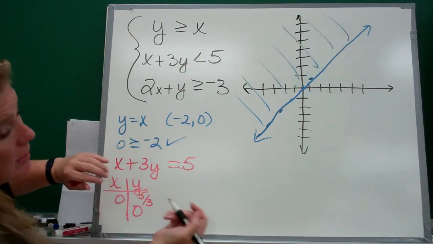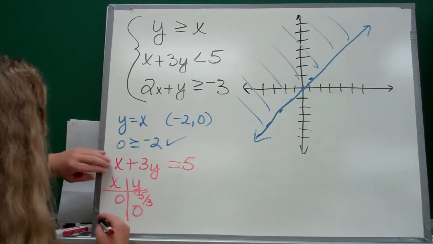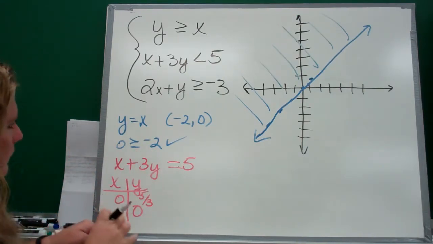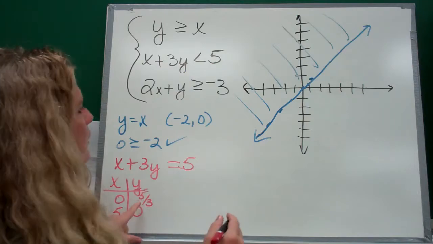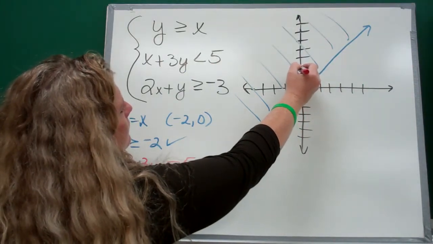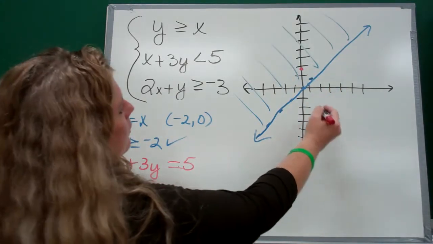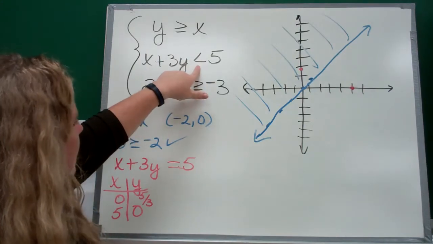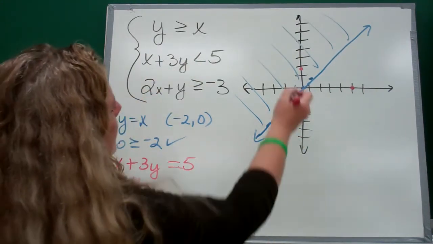Okay, we just estimate that one. It's okay to estimate with this. When y is 0, x is 5. Okay. So 5/3 is 1 2/3, so it's going to be roughly here. 5, 0. It's just a less than, so it's going to be a dotted line.